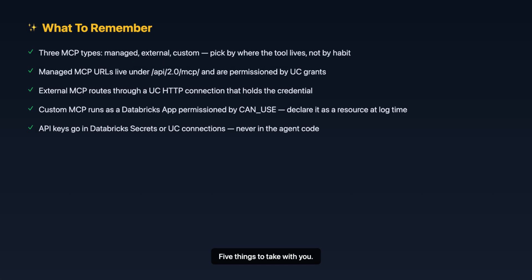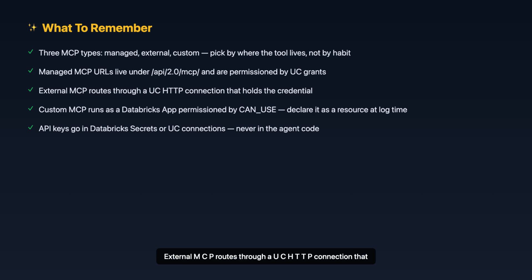5 things to take with you. There are 3 MCP types: managed, external, and custom, and you pick by where the tool lives, not by what you built last time. Managed MCP URLs all live under /API/2.0/MCP and are permissioned by Unity Catalog grants.